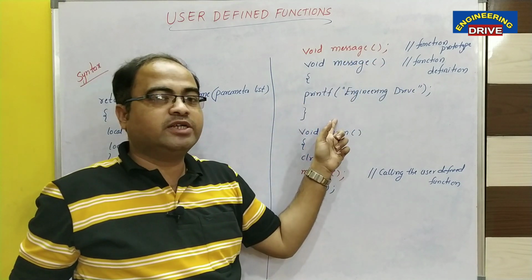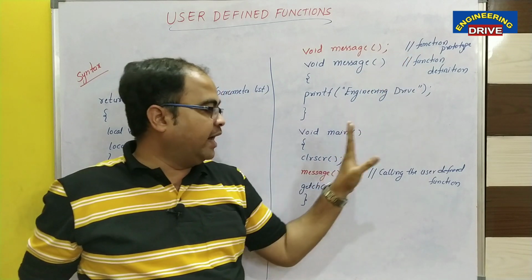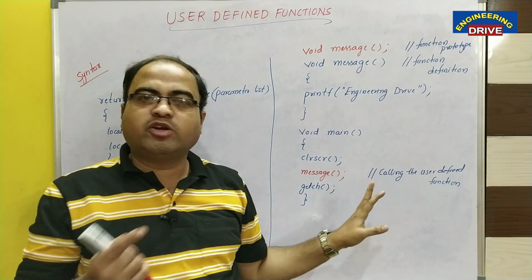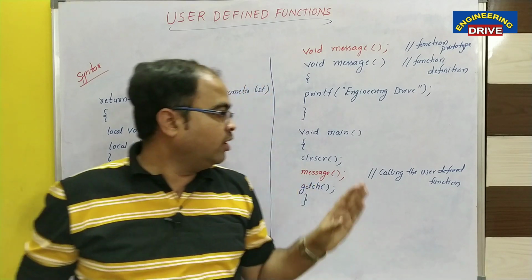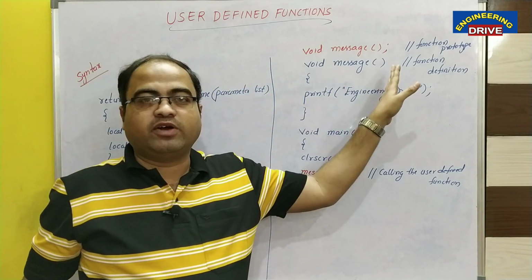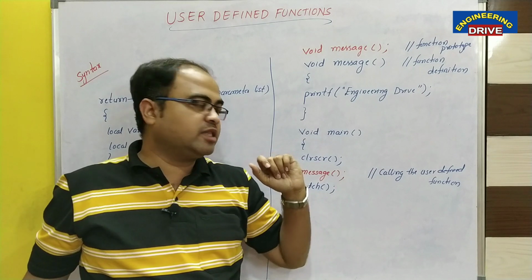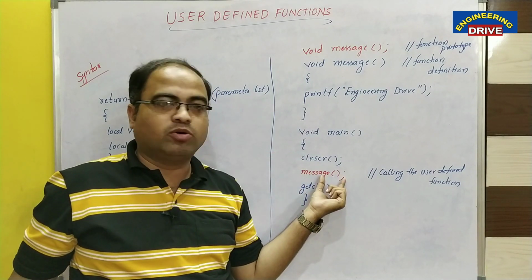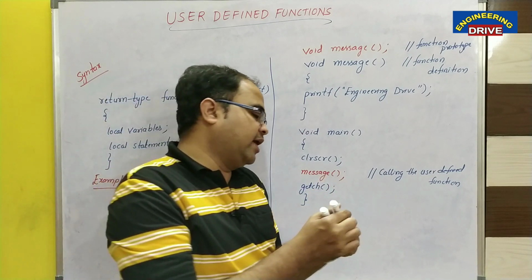First step function definition, second function prototype, and after writing these two steps also, if we execute the program, we will not get output. What we need to do? Main function should call the user defined function. How should a main function call the user defined function? Simply write the name of the user defined function, semicolon. So from here what happened?